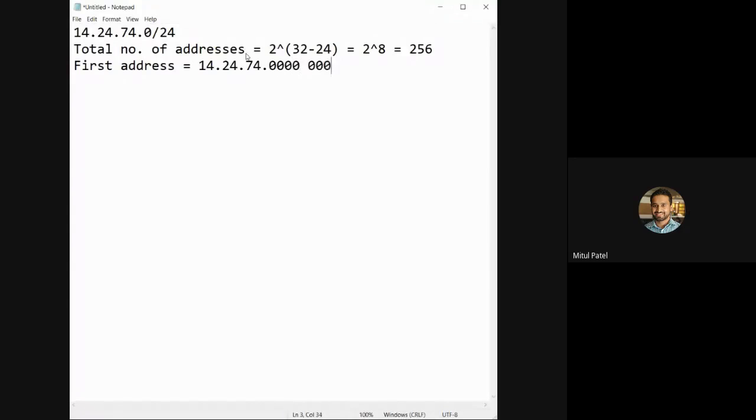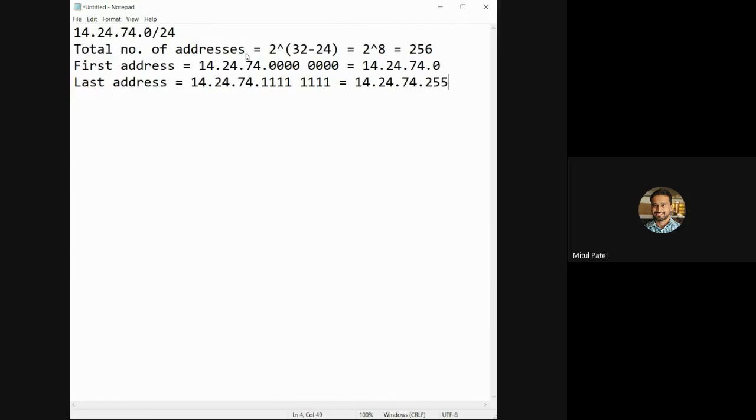The first address is 14.24.74.0 and our last address is 14.24.74, setting the rightmost 8 bits to 1, which gives you the last address. So our last address will be 14.24.74.255.